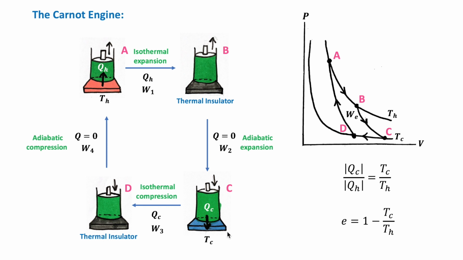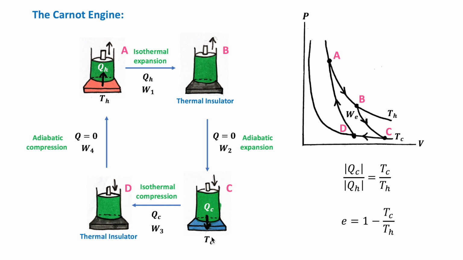When it reaches state C, the gas is put in thermal contact with an energy reservoir at temperature TC, the temperature that it reached after the adiabatic expansion. So the reservoir is at temperature TC, and the gas will be compressed isothermally.